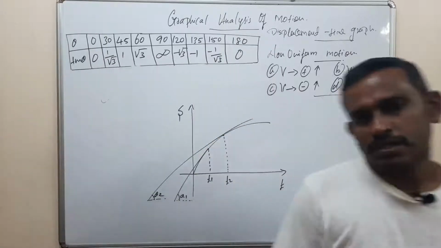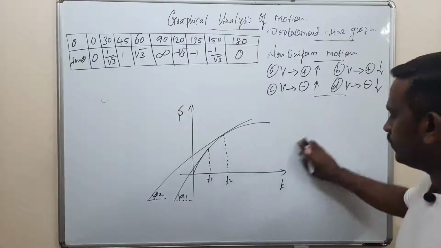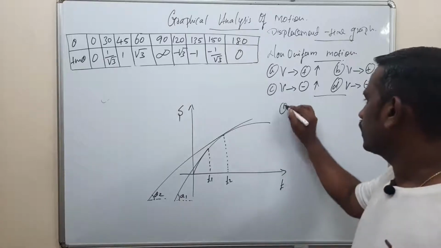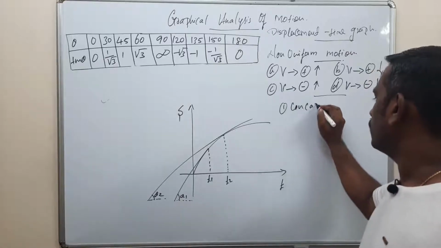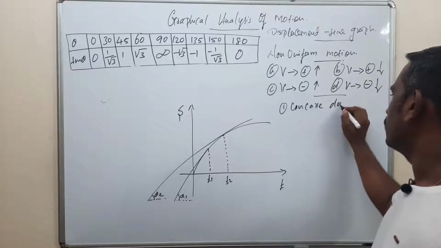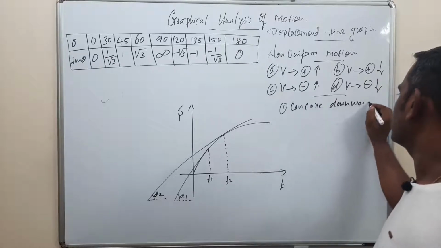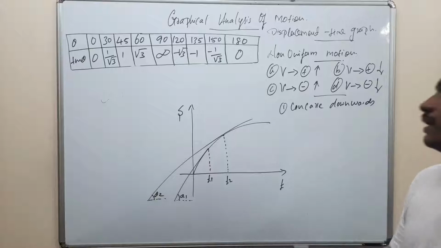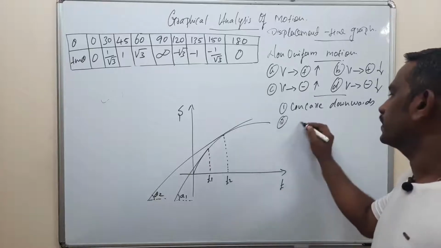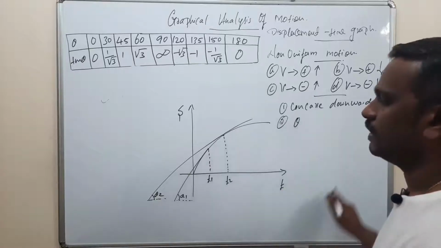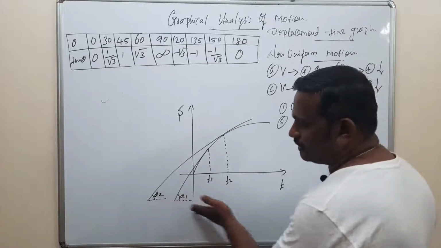So what are the conclusions we can make from this graph? One, concave downwards. Two, here also theta less than 90 degree.